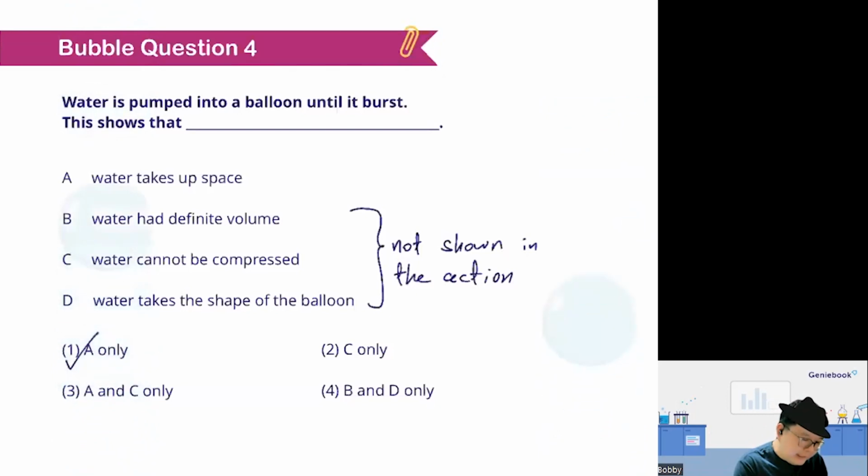You have to test by whether or not it can be compressed. Adding water into a balloon until it bursts is not testing if it can compress. And we have no idea what the shape of the balloon is. So the only thing we know is that it is taking up space until it causes the balloon to burst. Okay, bye-bye.